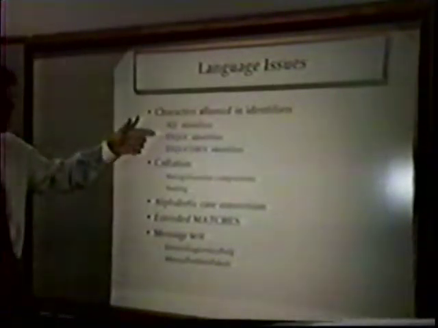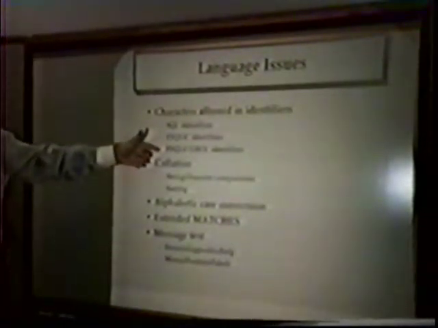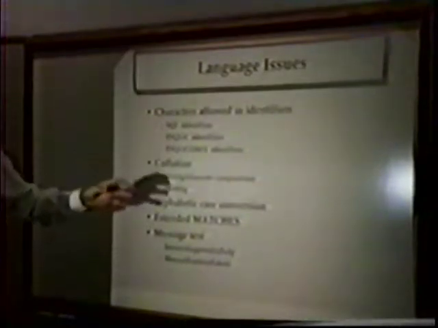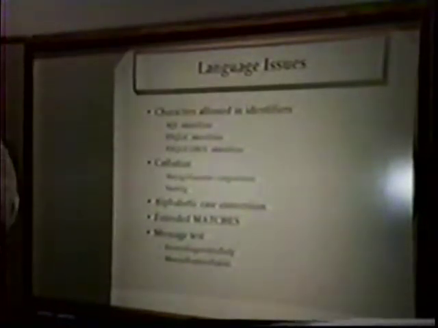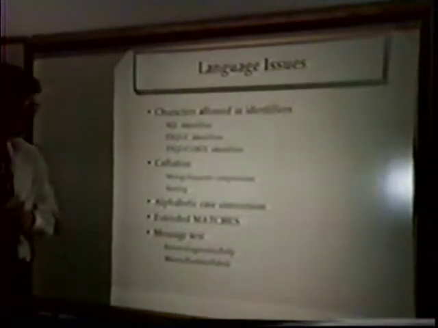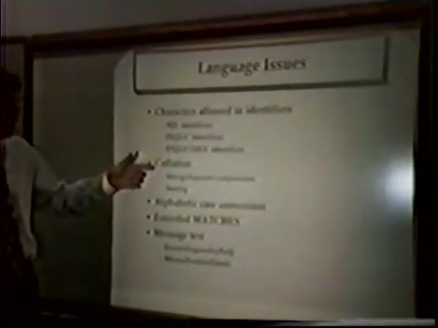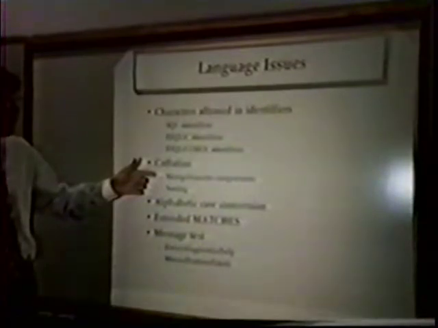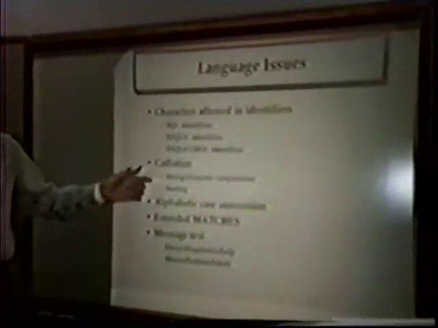Well, in Asia, you should be able to type in an Asian name or a European name in a European code. So the characters that are allowed in identifiers, such as SQL identifiers, ESQL for C and ESQL COBOL identifiers, in internationalized products have been changed so that they can support the particular language that the user is working in. Collation, that involves string comparisons and character comparisons, as well as sorting.